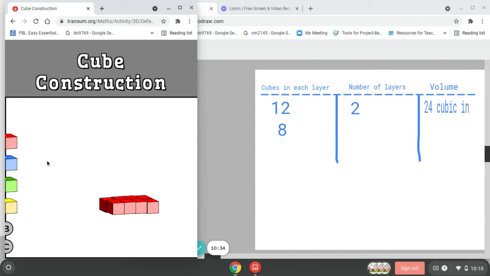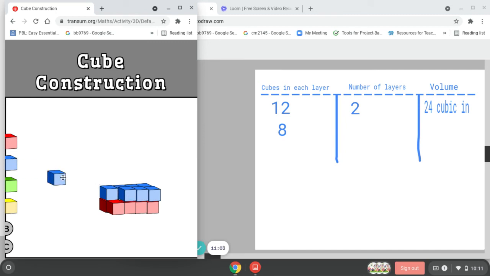Now, I'm going to put the new layers on top so that I can get that full volume of 24 cubic inches. Okay, so if I have 2 layers, 8 plus 8 is 16.